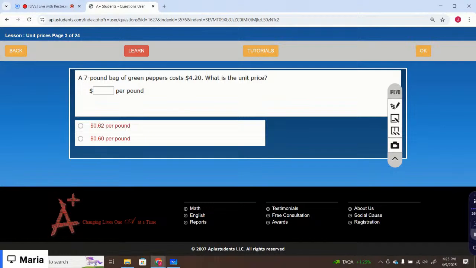A 7-pound bag of green peppers costs $4.20. What is the unit price?